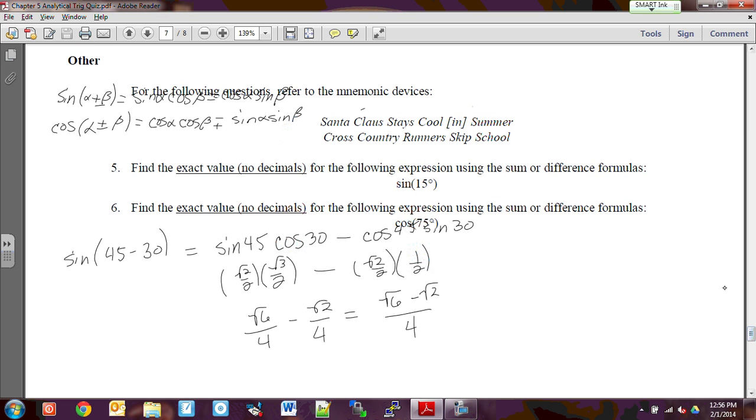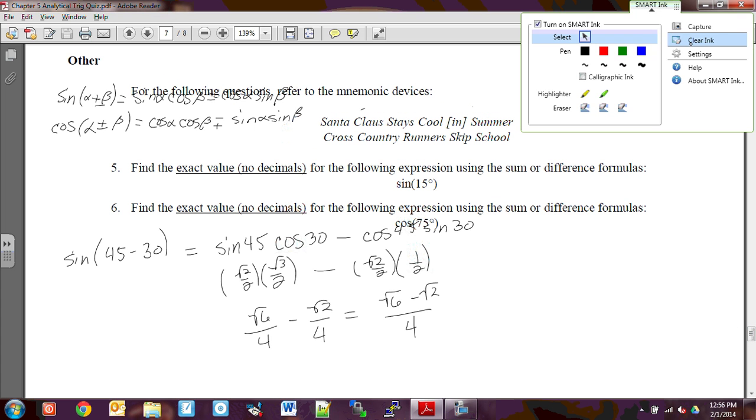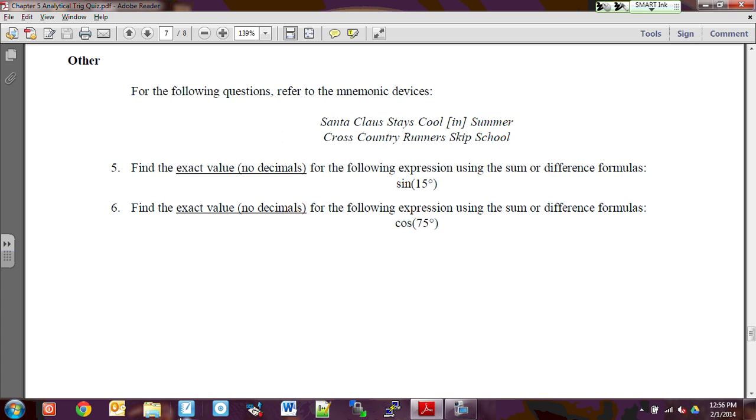Now, let me get rid of this so we can do cosine. Cosine of 75. So the cosine of 75, let's use the same two, 45 plus 30, because again, 45 plus 30 is 75. So we're going to have the cosine of the first times the cosine of the second. Reverse the sign. Since we're adding here, we need to subtract here.